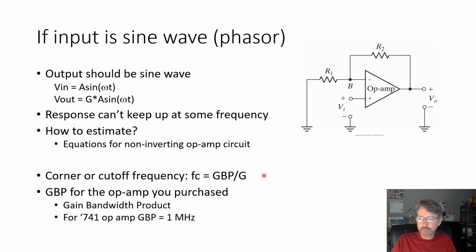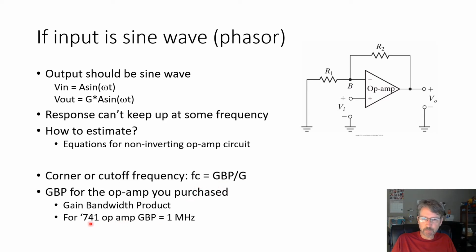So for this circuit here, there's a number, the GBP, the gain bandwidth product, for your particular op amp chip. That number divided by the gain, which is set by your resistors, gives you the corner or cutoff frequency. And if this is in hertz, then it will be in hertz.